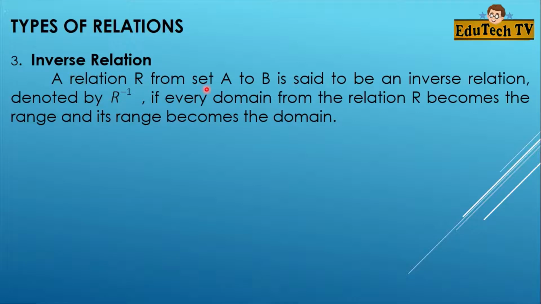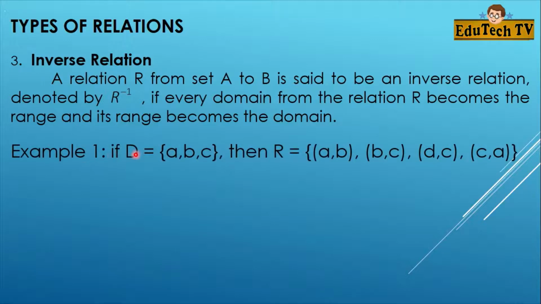Next, the third type is the inverse relation. A relation R from set A to B is said to be an inverse relation, denoted by R raised to -1, if every domain, which is the values of x, from the relation R becomes the range, which is the values of y, and each range becomes the domain. So the values of x and y interchange. For example, if we have the set D equals {A, B, C}, then the ordered pairs in the relation R are AB, BC, DC, and CA.